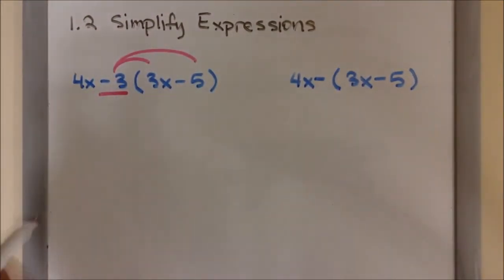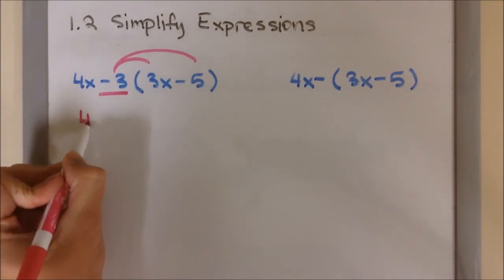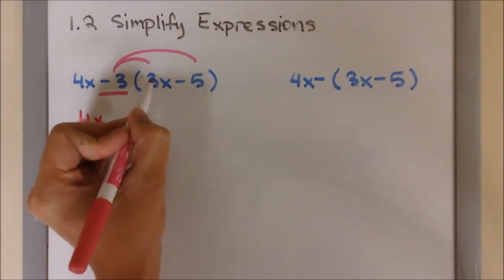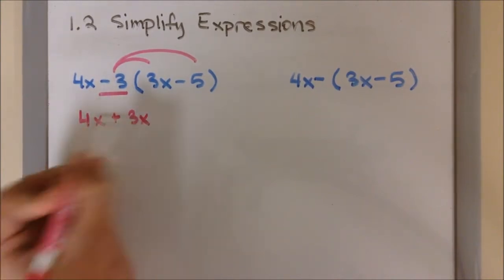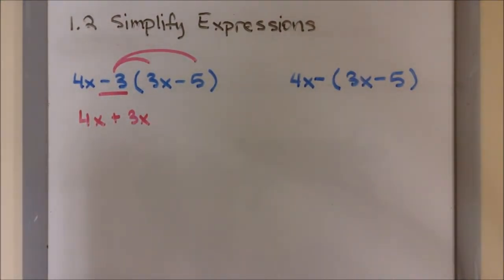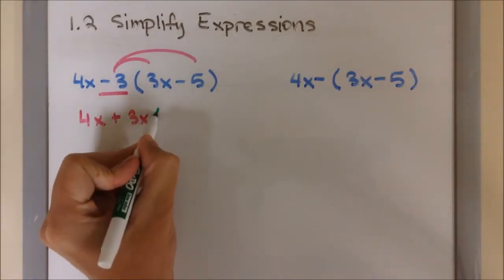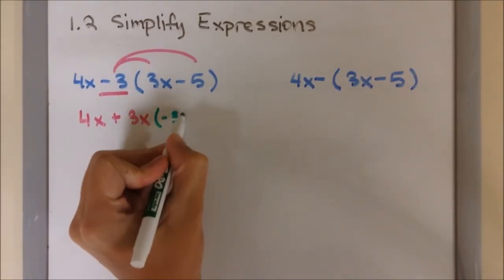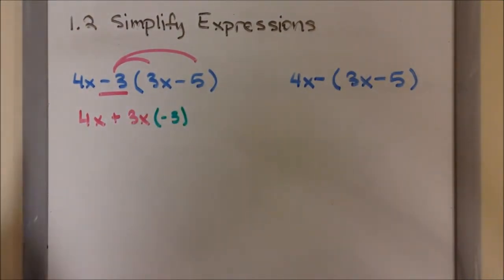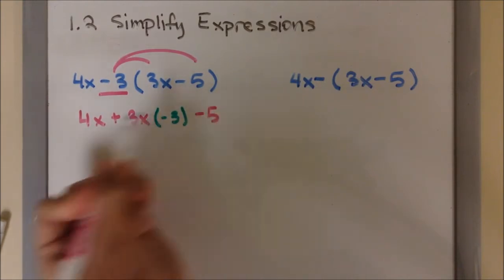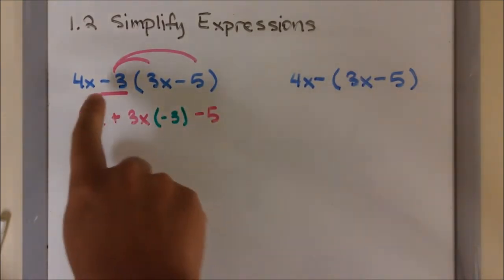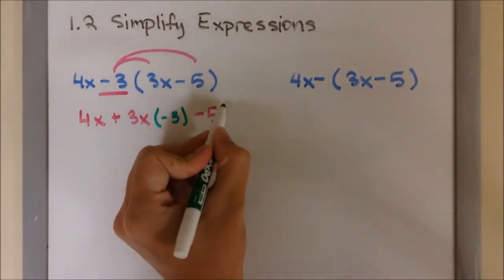So I'm going to rewrite it. 4x. Here this is a positive 3x, so I'm going to write plus 3x. Now since it was minus 3, I'm going to multiply by negative 3. And then minus 5. And I also distribute with the negative 3.